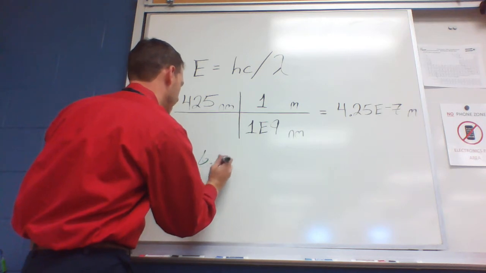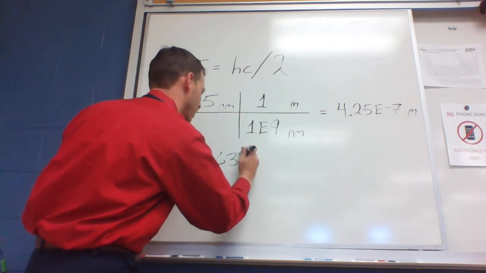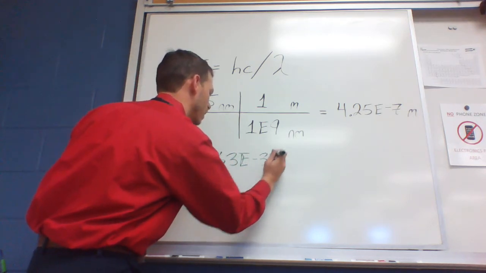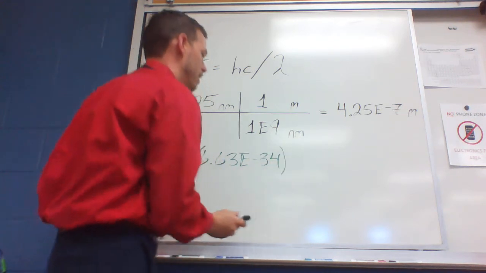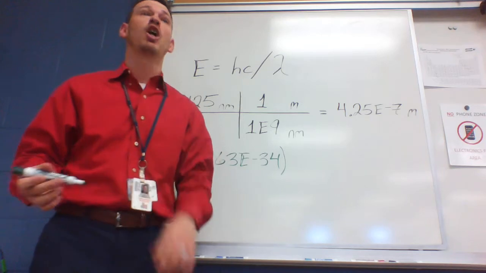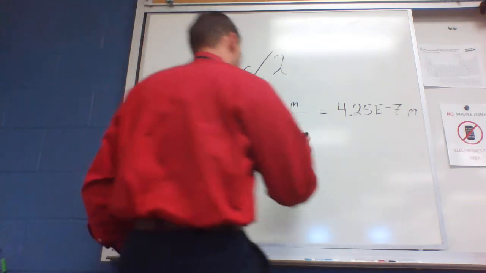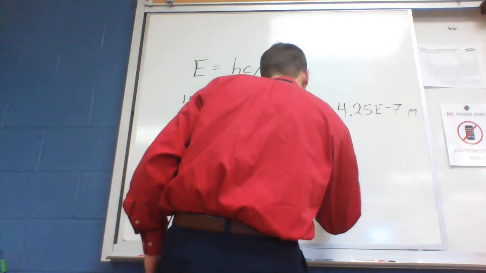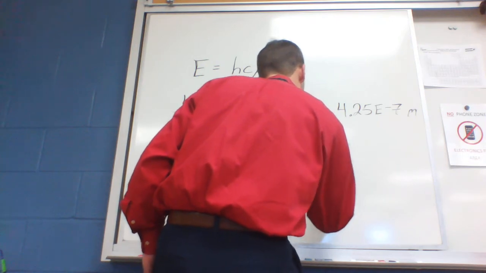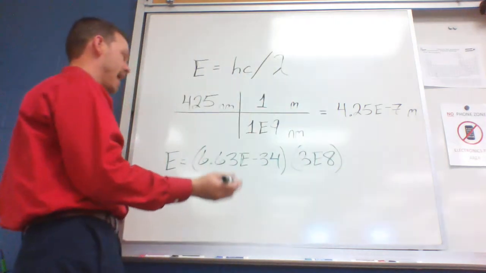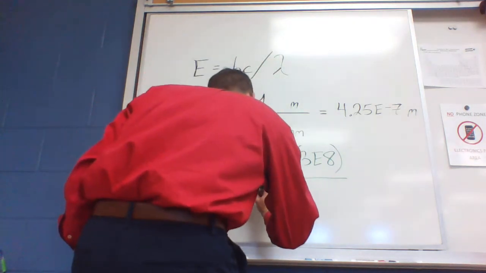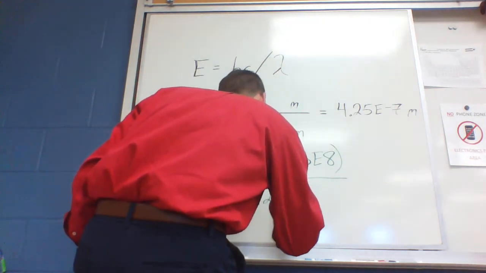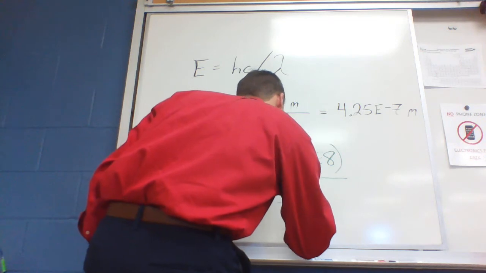H is Planck. And we're supposed to be multiplying that times the speed of light, another constant value that you're given. That's 3e8. And that's supposed to go over the wavelength of 4.25 e negative 7.